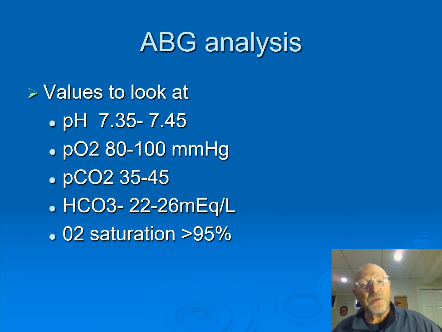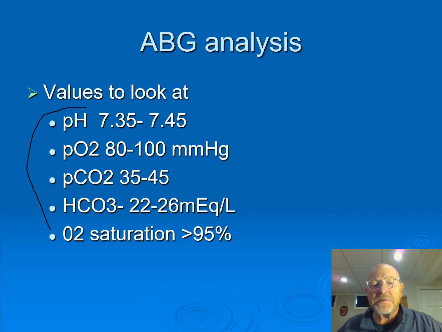Hey, are you ready to learn how to analyze ABGs? Well, that's exactly what we're going to do here. For the purposes of ABG analysis and for testing purposes, I want you to memorize these values.